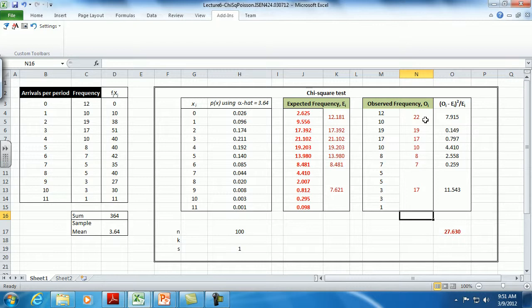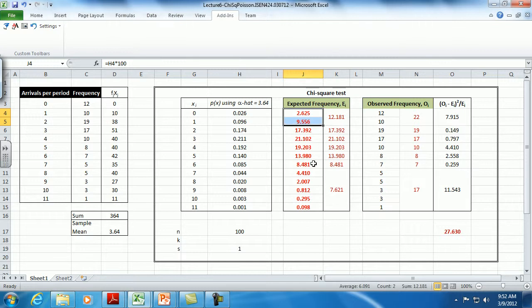Okay, so now that you have all the information from the data points and also from the parameters that you estimated and from the probability of the distribution that you're using, in this case, the Poisson, you're computing the expected frequency based on your data points. You're trying to satisfy this condition of having at least 5 observations per class interval. So you need to combine some of the cells. That's what you did here for the expected frequency.